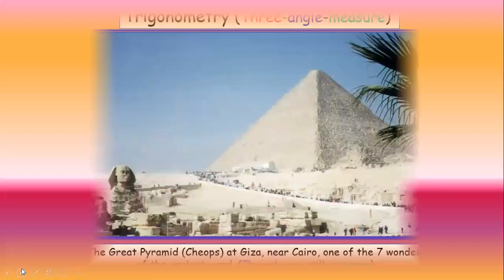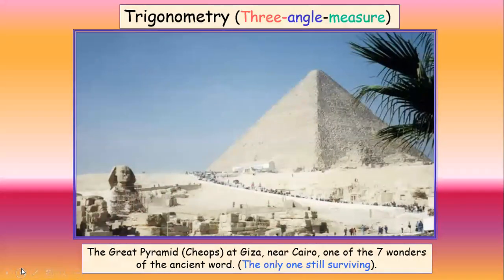Okay, now I'm going to first take you back a bit into history. How did trigonometry come into play, or what is trigonometry? Trigonometry means triangle angle measurement. Some years back, a gentleman, Harris, visited Cairo.